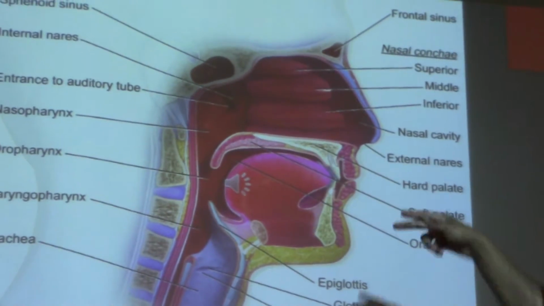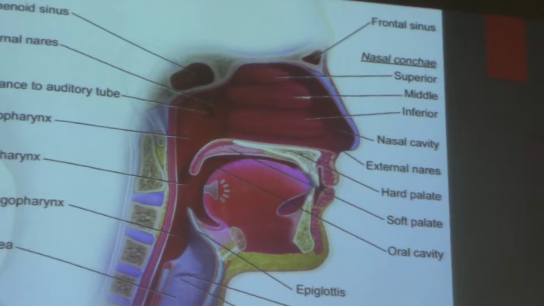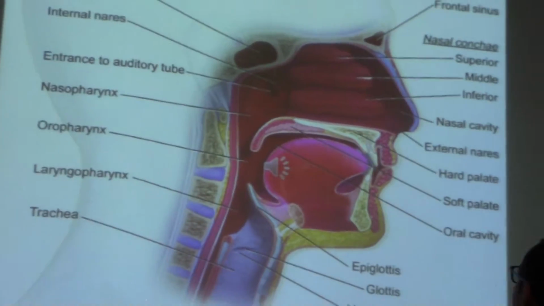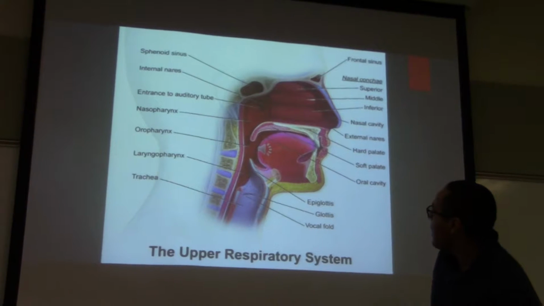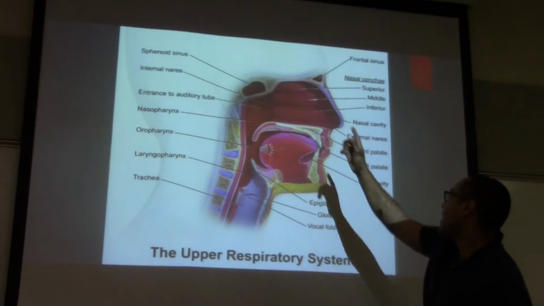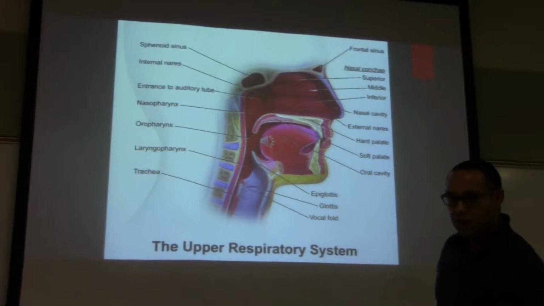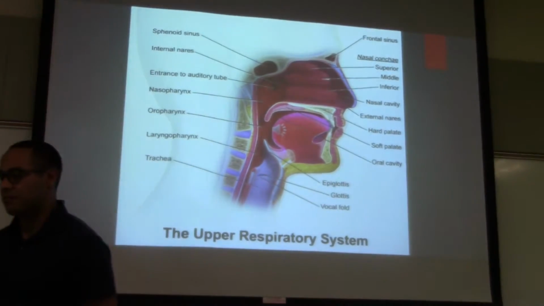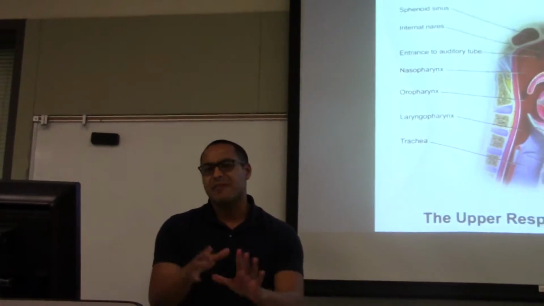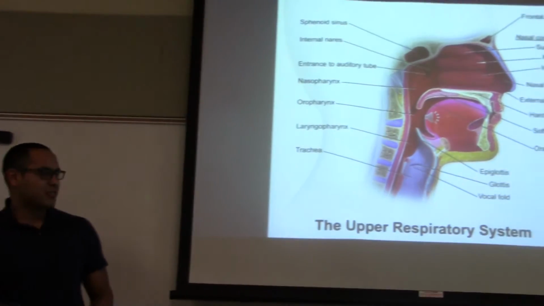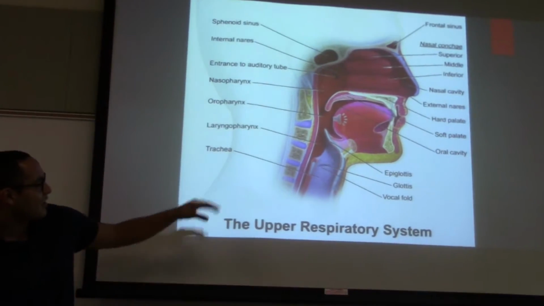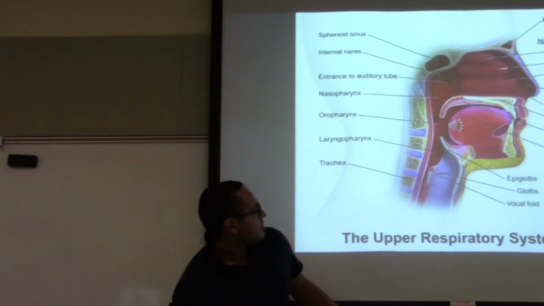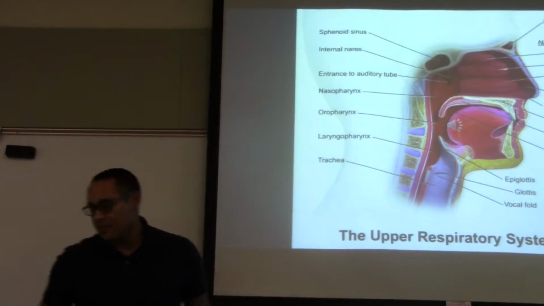It swirls, it gets humidified, and debris gets attached to the mucus in here. Also, there are sinuses up there. Mucus builds up there, and I'm not going to get much into that. But those are the 3 regions. And the epiglottis, we'll get into that soon.